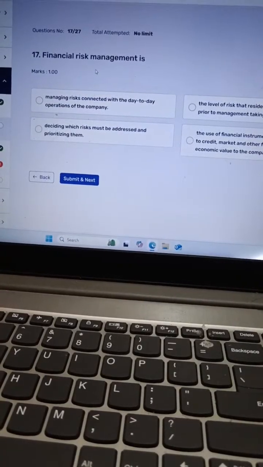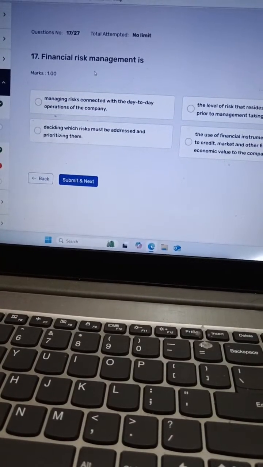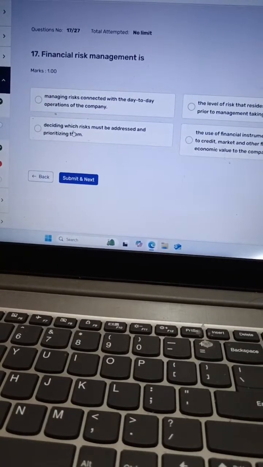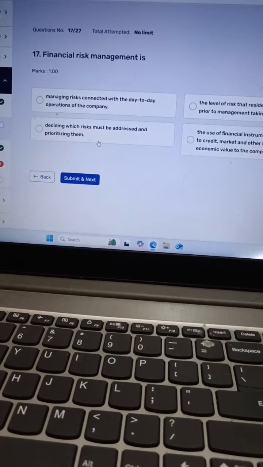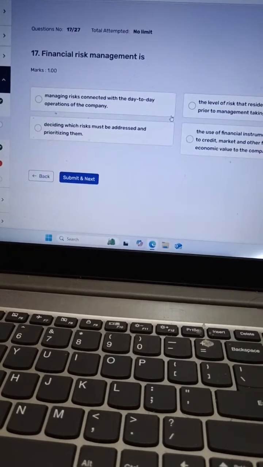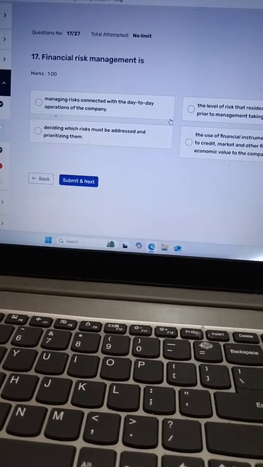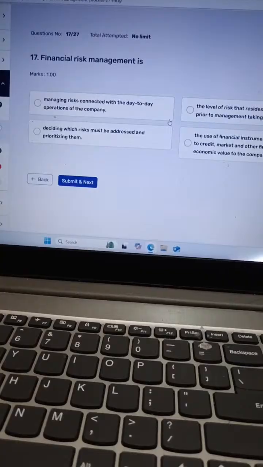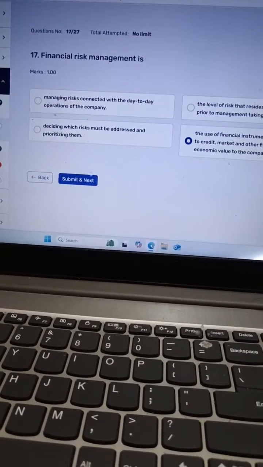Risks connected with the day-to-day operation: this is not financial risk. Deciding which risks must be addressed and prioritizing them is also not financial risk. The level of risk that even the process of prior management taking the mitigation is also not. Use a financial instrument: this is a financial risk.